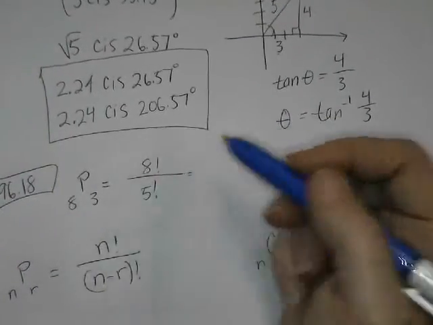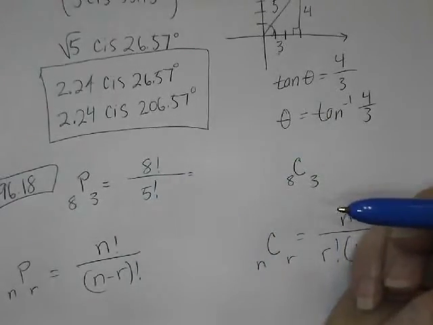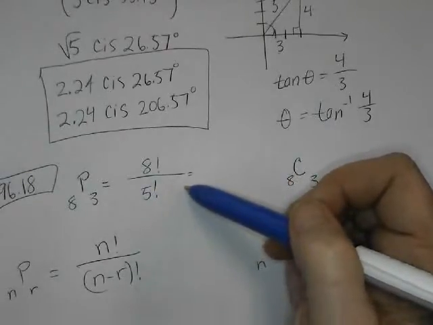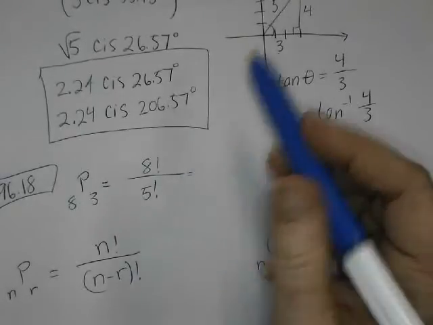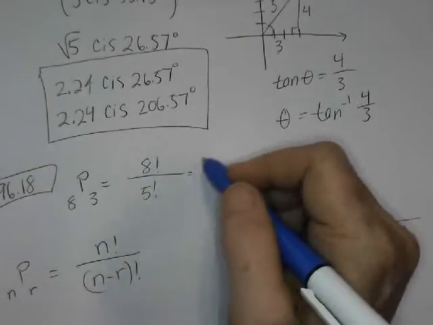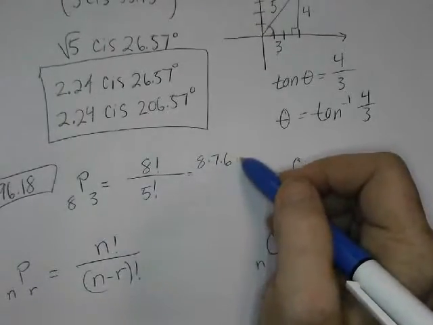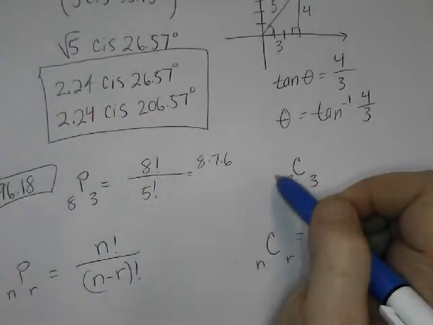Factorial means you go 8 times 7 times 6 times 5 times 4 times 3 times 2 times 1. This one's going to be 5 times 4 times 3 times 2 times 1. But I know that there's going to be a lot of cancellation, so I'm going to skip some steps. I'm just going to write this as 8 times 7 times 6. I'm not going to write the 5, 4, 3, 2, 1, because down here I'm going to have another 5, 4, 3, 2, 1, and they're going to cancel out.